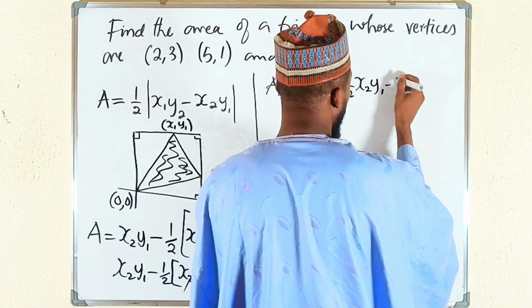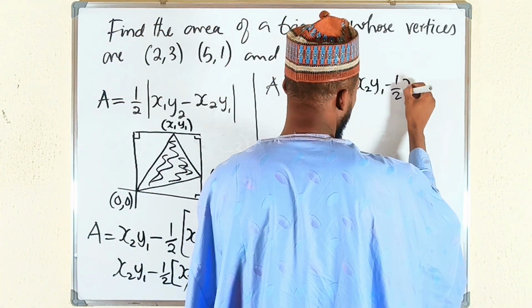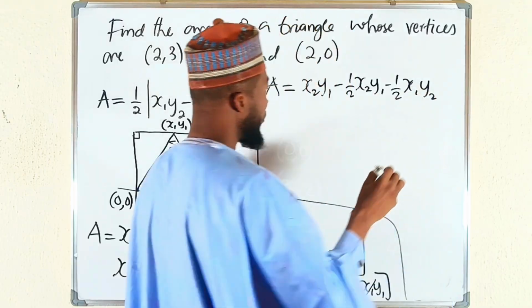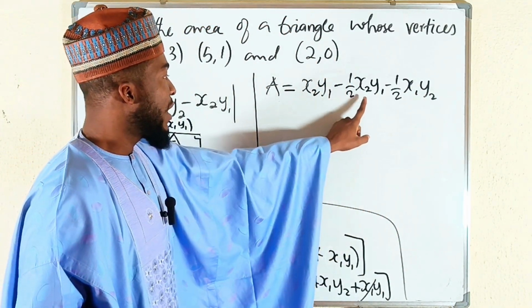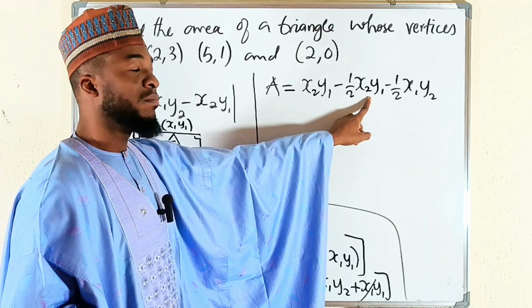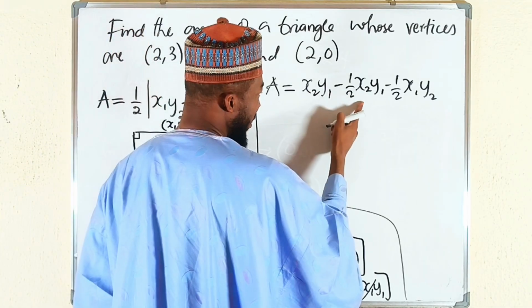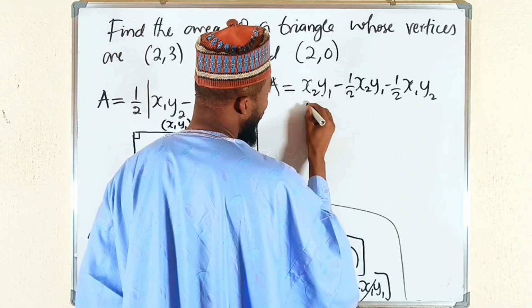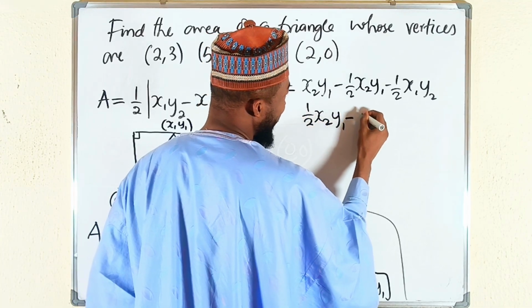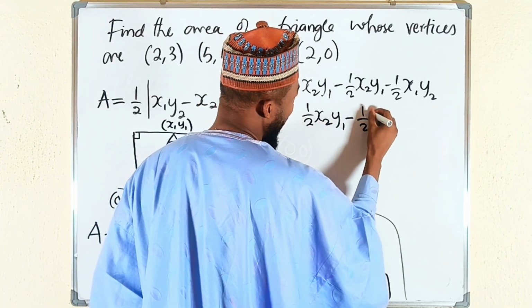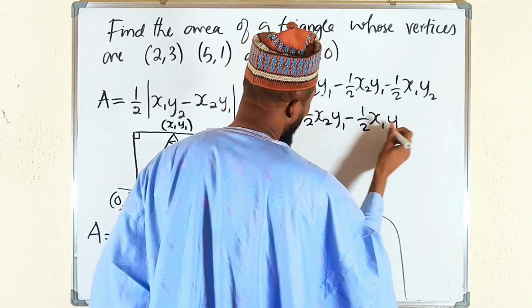Minus, again, 1 over 2 of x1, y2. Can you see that? I can see this one and this one. They are similar, right? 1 minus a half is a half. So this is 1 over 2 x2, y1. Then minus 1 over 2 x1, y2.